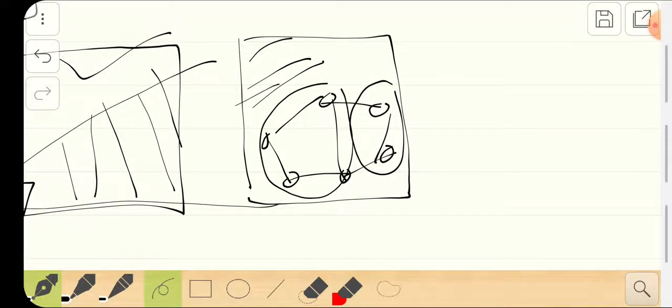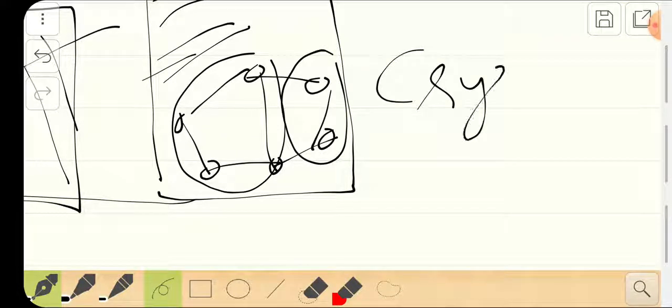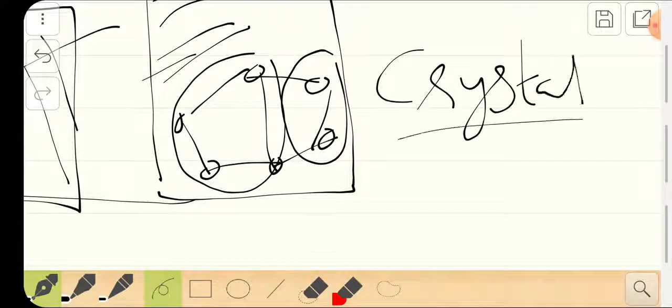If there is such a pattern, that kind of material is called crystal, or crystalline material.